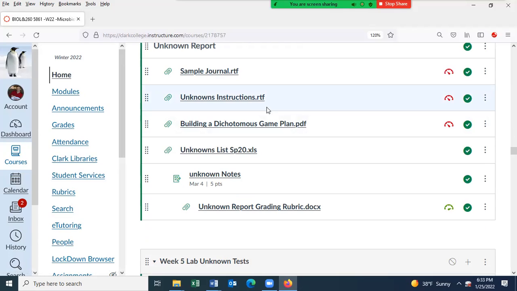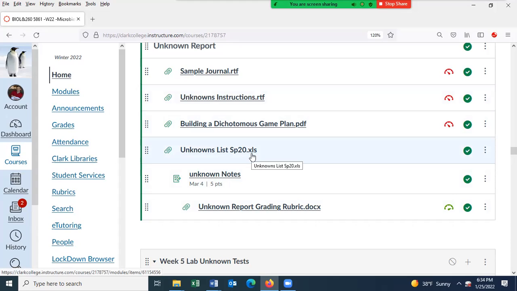I know that the new Microsoft is having trouble reading rich text format, and I'll make a Word docx if you're having trouble with that. Anyways, I want you to read this. It wouldn't hurt you. Sometime in the future, you're going to want to take a look at the grading for the unknown project.